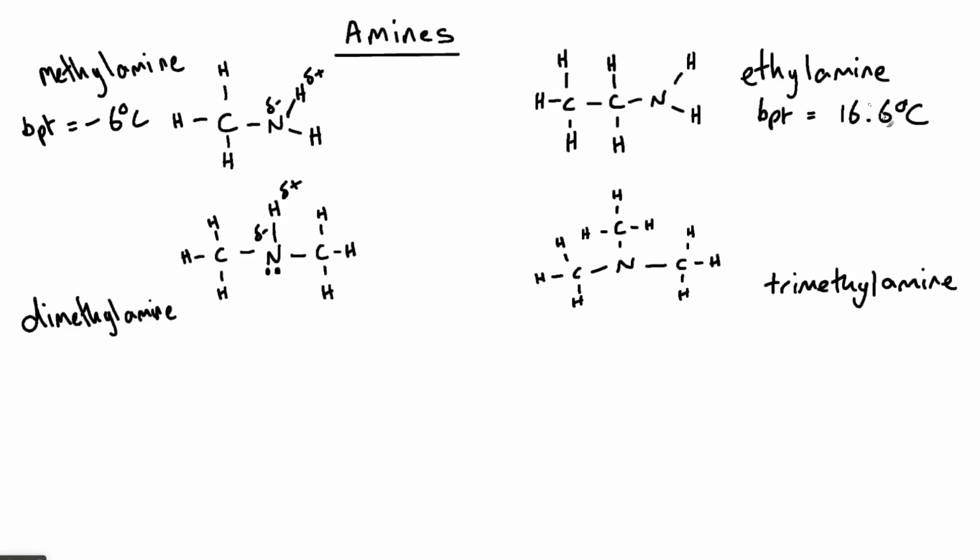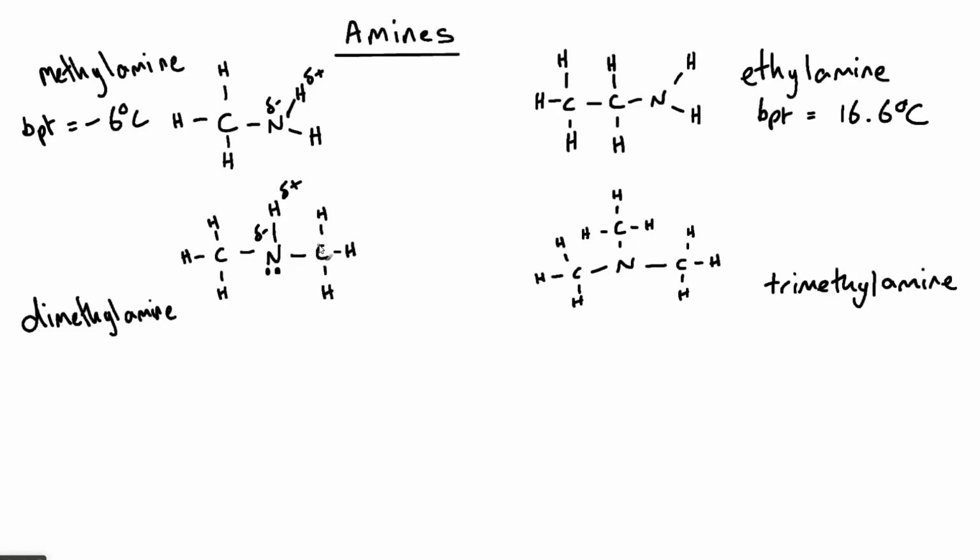So even that probably is going to boil before we get to room temperature. These shorter chain amines will be gases at room temperature, with boiling points higher certainly than alkanes and alkenes of equivalent size, but less than alcohols.